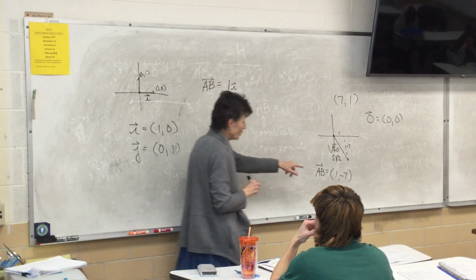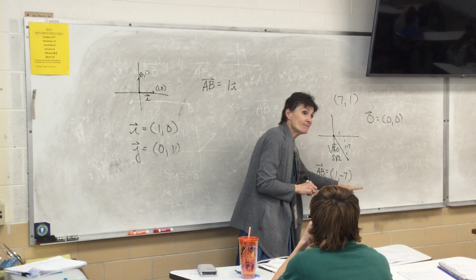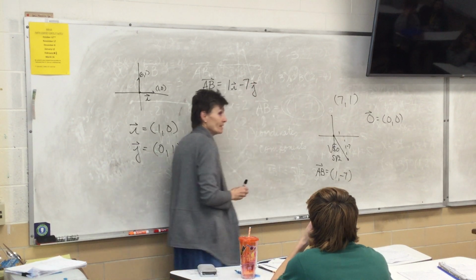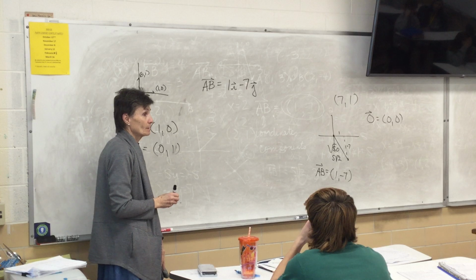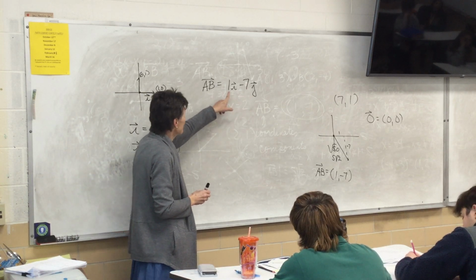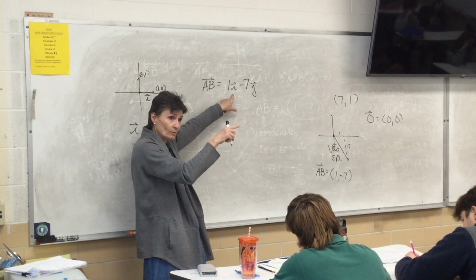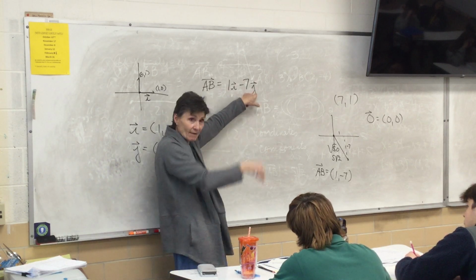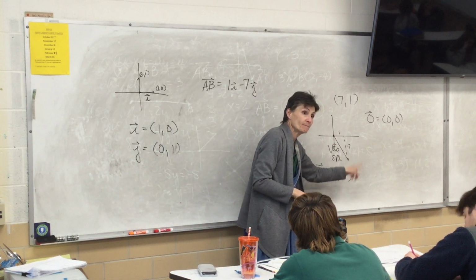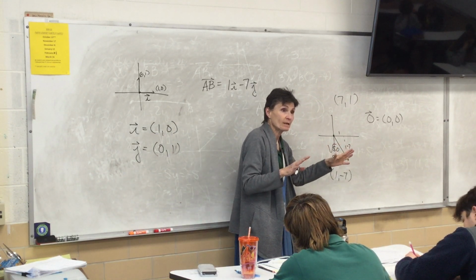But then it goes -7 in the vertical direction. So that's -7 j's. i minus 7j means 1 step in the horizontal direction and -7 steps in the vertical direction. And that's what this vector did, right? Every vector can be written that way.